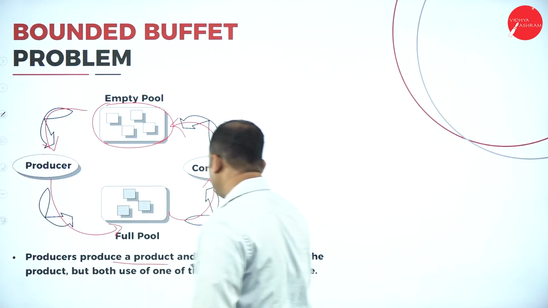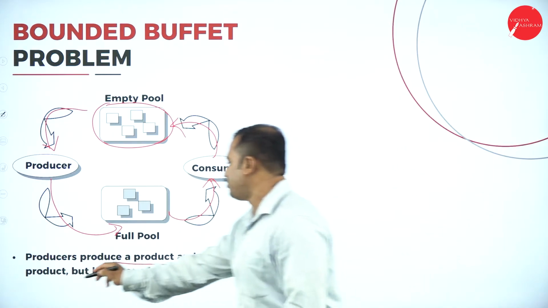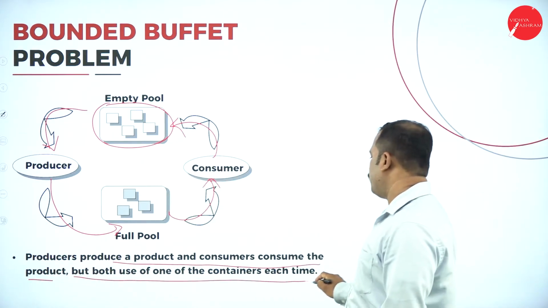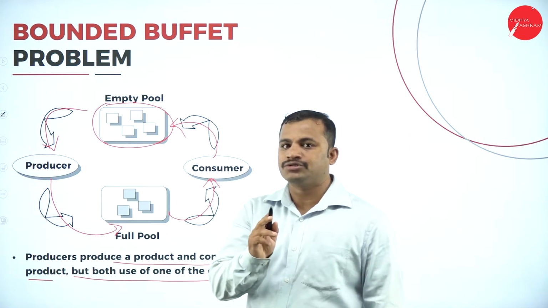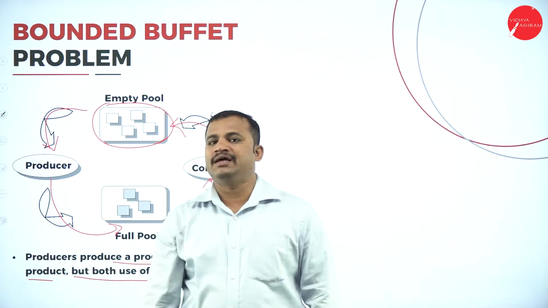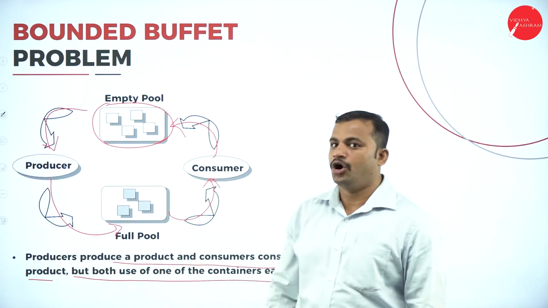The producer produces a product and the consumer consumes it, but both use only one container at a time, not more than one.